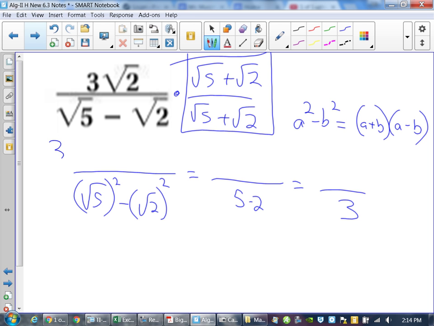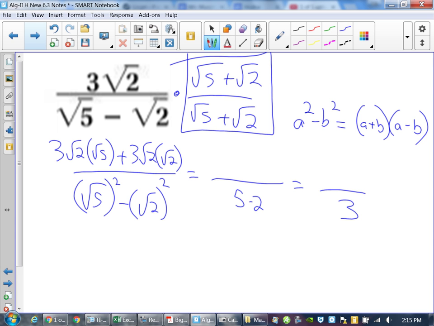Numerator, I get 3 root 2 times root 5 plus 3 root 2 times root 2. Because I'm distributing to both parts. You okay with that? Yes. So root 2 times root 5 is how much? Root 10. Very good.